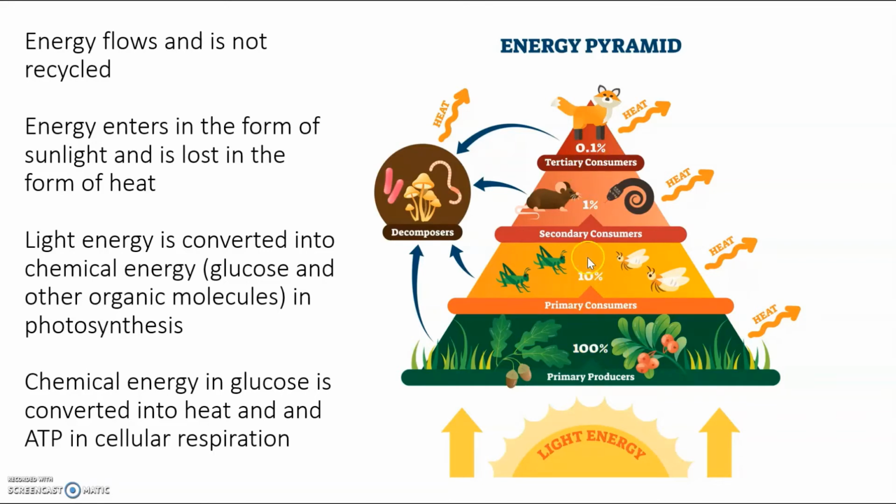So some of it gets eaten and is transferred to the next trophic level, but on every trophic level, some of the energy is also lost in the form of heat, and some of the organic matter is broken down by decomposers, and when they break it down, they also lose some of the energy in form of heat, right? So on every level, some of the energy is lost in the form of heat.